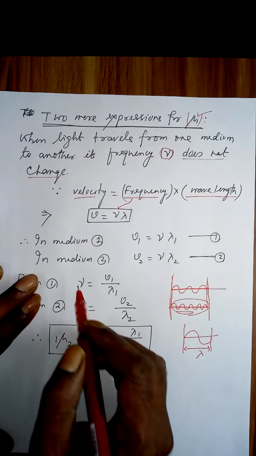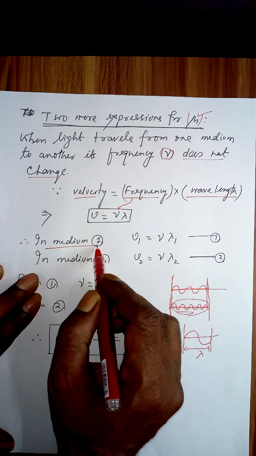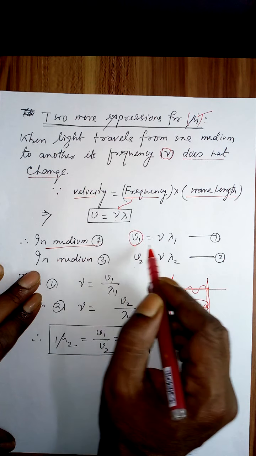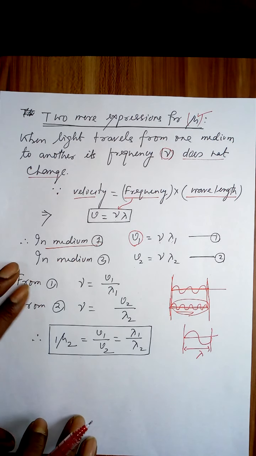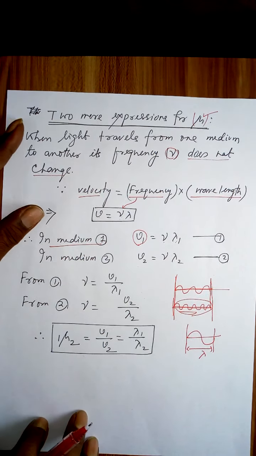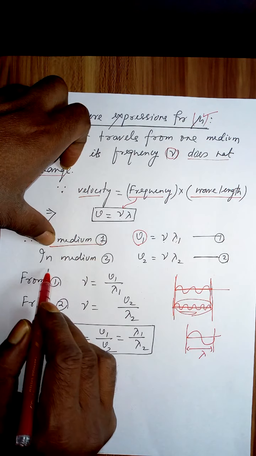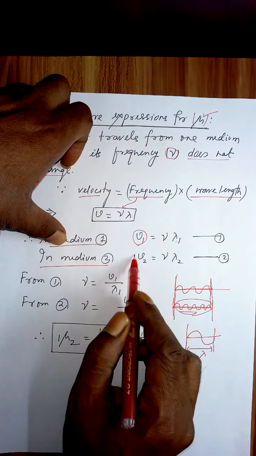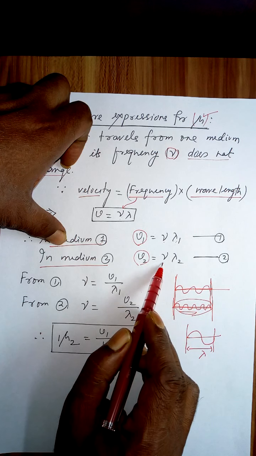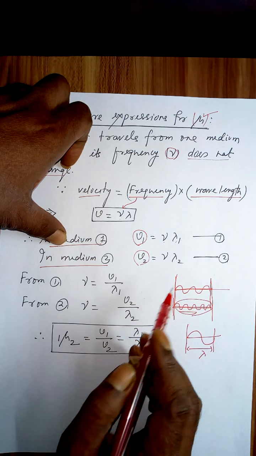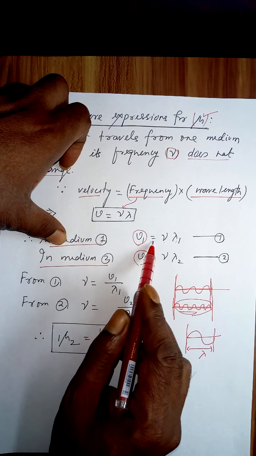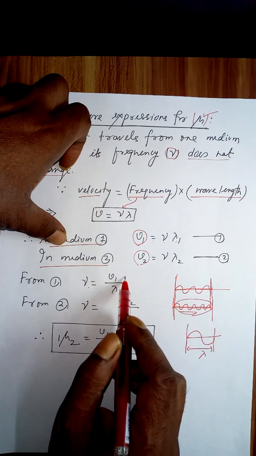So since frequency remains constant, in medium 1, let the velocity be v1, it will be frequency into wavelength of light in that medium. And in medium 2, the velocity v2 will be frequency, which is constant, into wavelength in that medium. So from here, nu is equal to v1 by lambda 1.